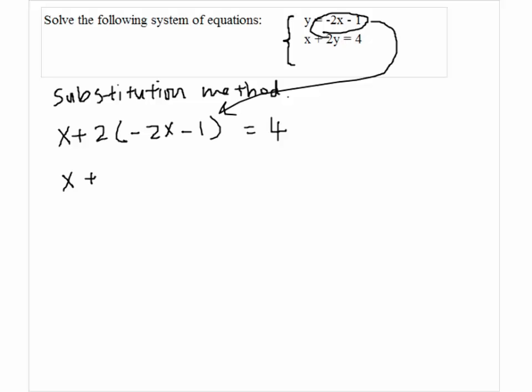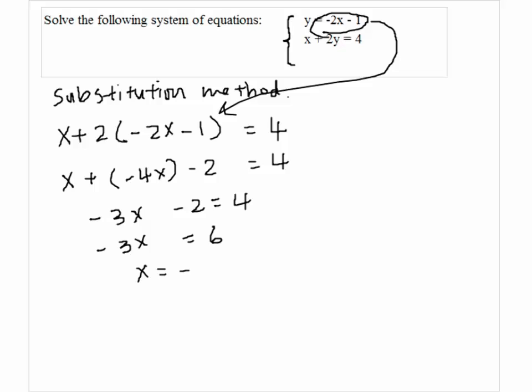So we have x plus negative 4x minus 2 equals 4. So negative 3x minus 2 equals 4. So negative 3x equals 6. So x equals negative 2.